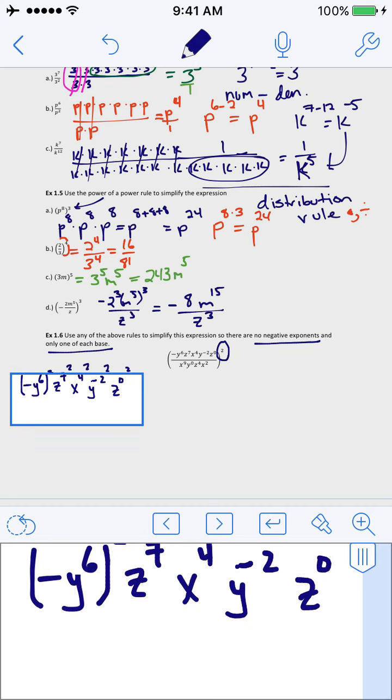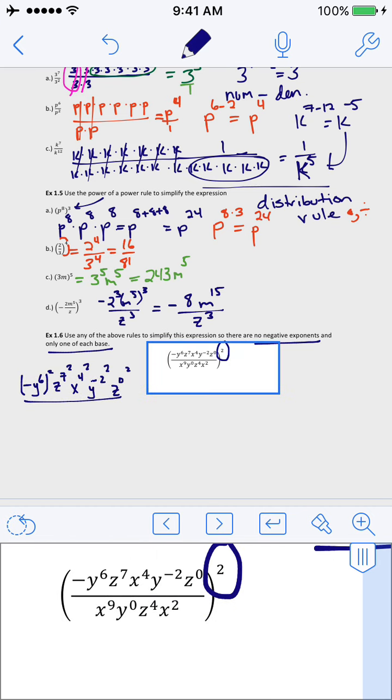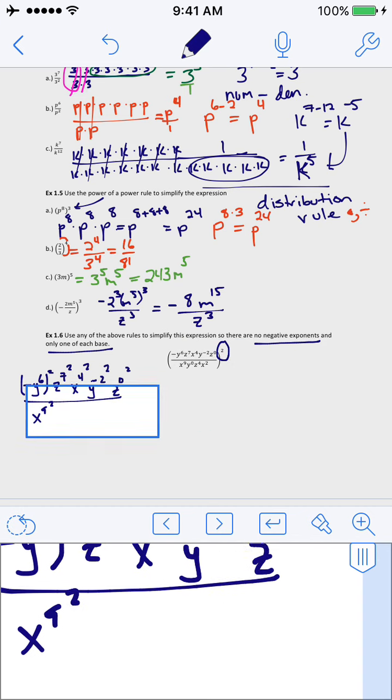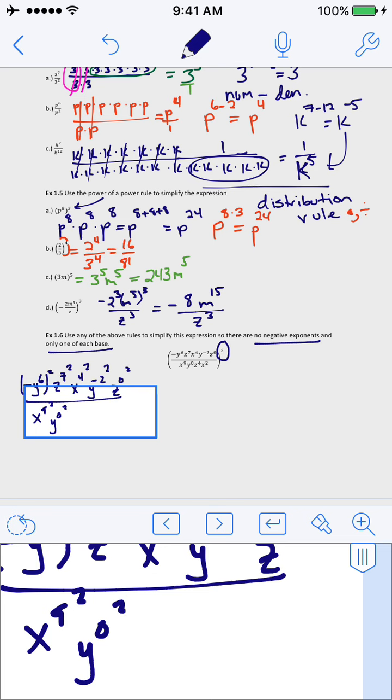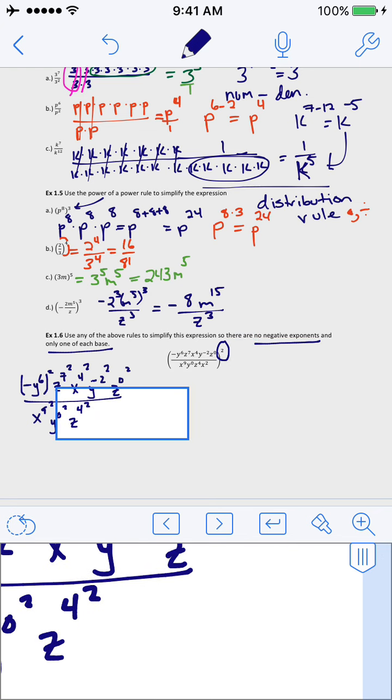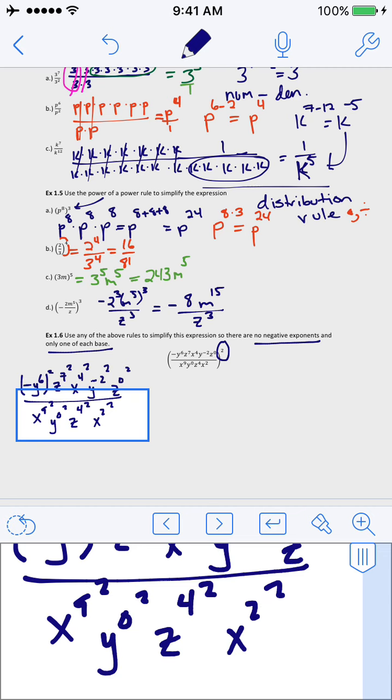And then we'll go into the denominator. X to the 9th to the 2. Y to the 0 to the 2. Z to the 4th to the 2. X to the 2 to the 2. So everybody's got a 2. That's a whole bunch of distribution rule.